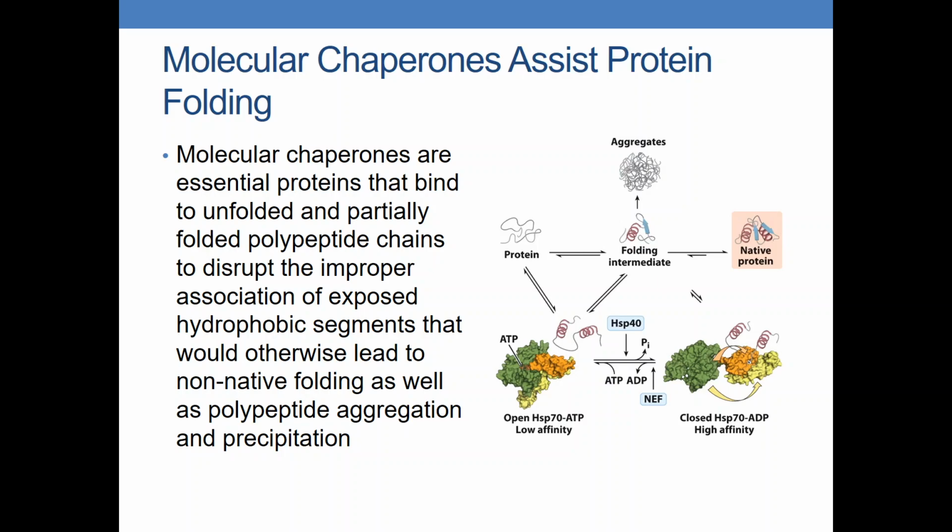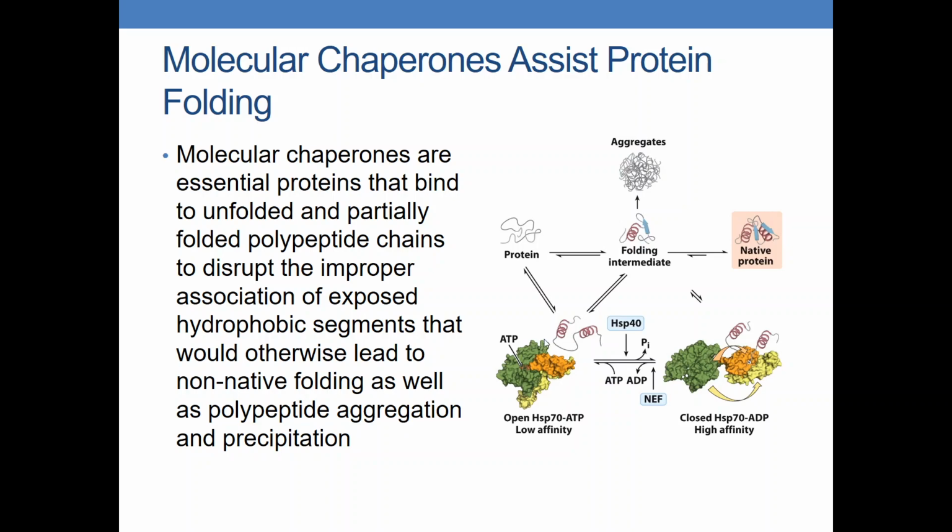So the exposure of that nonpolar surface is like a big red flag that says, hey, I'm misfolded, or I'm a folding intermediate. I'm not the native conformation. So in those cases, your chaperone is going to recognize that nonpolar surface and bind to it. The nonpolar red flag, to use that analogy, is basically what the chaperone is looking for. It's going to bind to that nonpolar segment, and that is what is going to initiate the series of events that we're about to talk about.